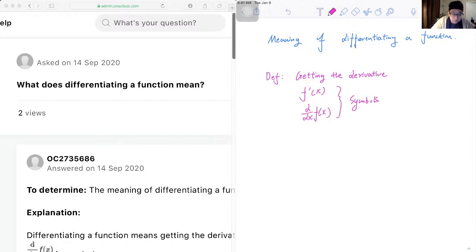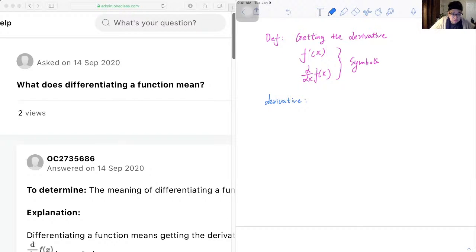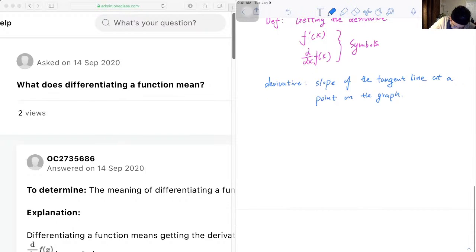And the derivative, let's use another color, is simply the slope of the tangent line at a point on the graph. So derivative is the slope of the tangent line at a point on the graph.